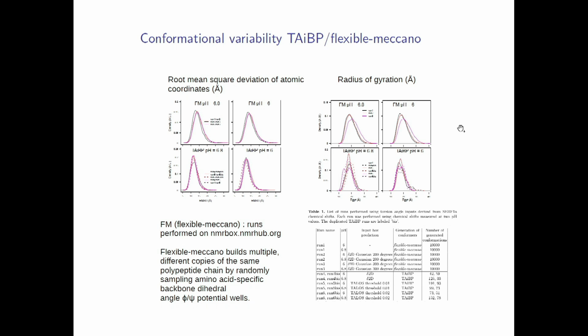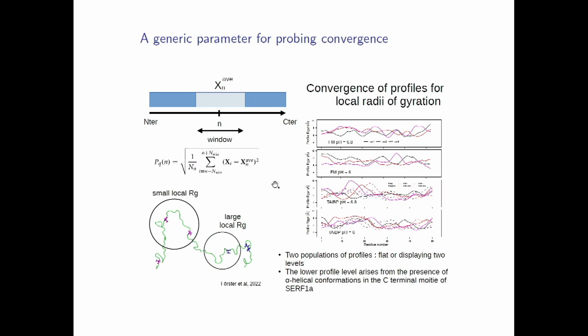They are relatively similar. If one is looking at something I'm calling the profile of local gyration radius, I'm taking some segment along the protein sequence, which is the light blue segment, and I'm calculating the gyration radius on it.